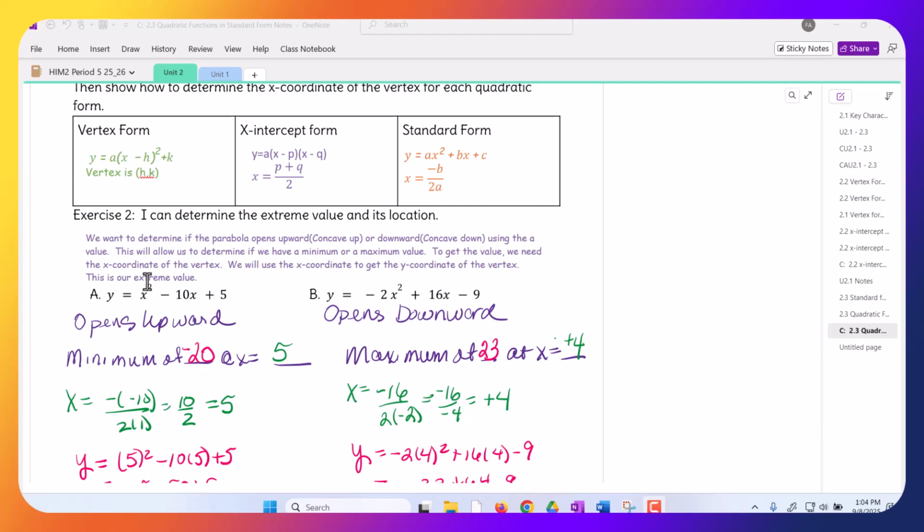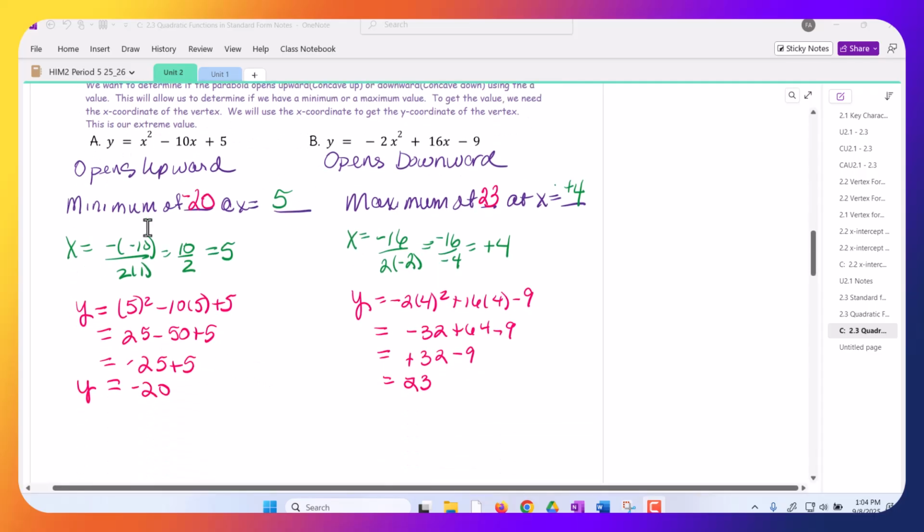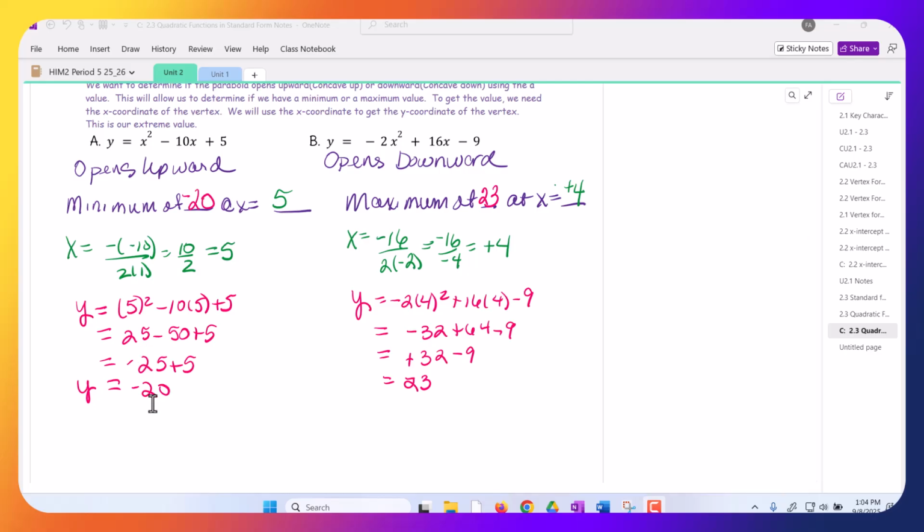Here this is upward because the leading coefficient is positive, which means we have a minimum of blank at x equals blank. Now we use our new formula, the opposite of b over 2 times a, to get 10 over 2, which is 5. So I know my minimum occurs when x equals 5. So now I substitute in 5 for x, crunch the numbers to get the y-coordinate of my vertex. That is my minimum value.